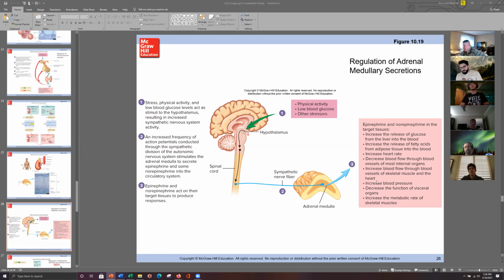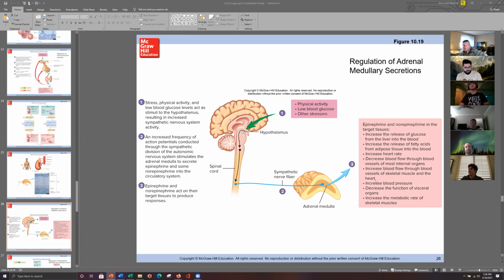Let's see. So yeah, as a result too, with increased heart rate, you're going to have increased blood pressure, depending on the nature of blood vessel activity, because if we vasoconstrict our visceral vessels, that blood still is getting in there. It's just not as great of a volume. So we have to force blood through there a little bit more vigorously.